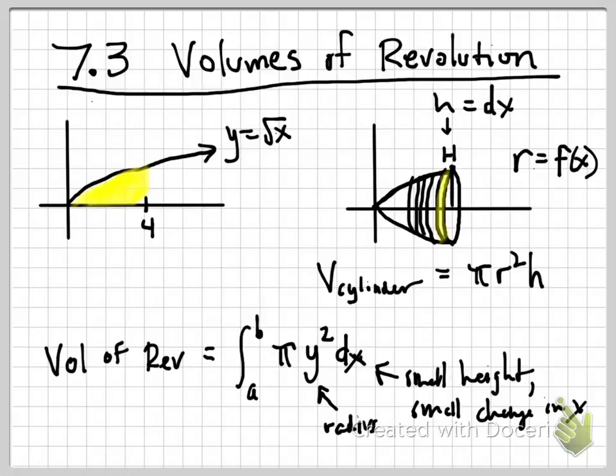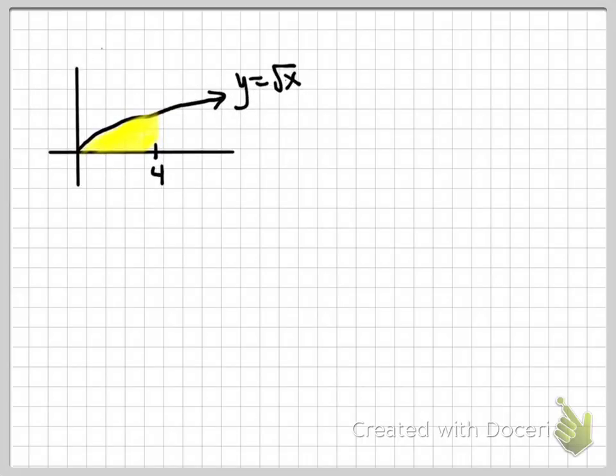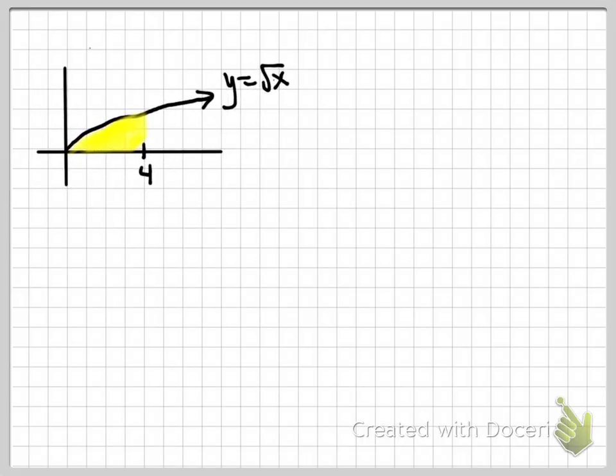Okay, so let's grab this and let's calculate our volume. To find this volume, we want to do the integral of pi times y squared dx from a to b.